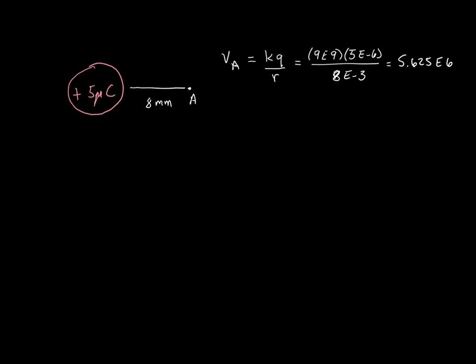That's a lot of volts. A lot of joules per coulomb, man. Well, that's a really huge voltage. We're typically not going to be working with numbers that big, but anyway, this is me making up numbers on the spot. So here we could see that point A has a positive voltage of over 5 million.